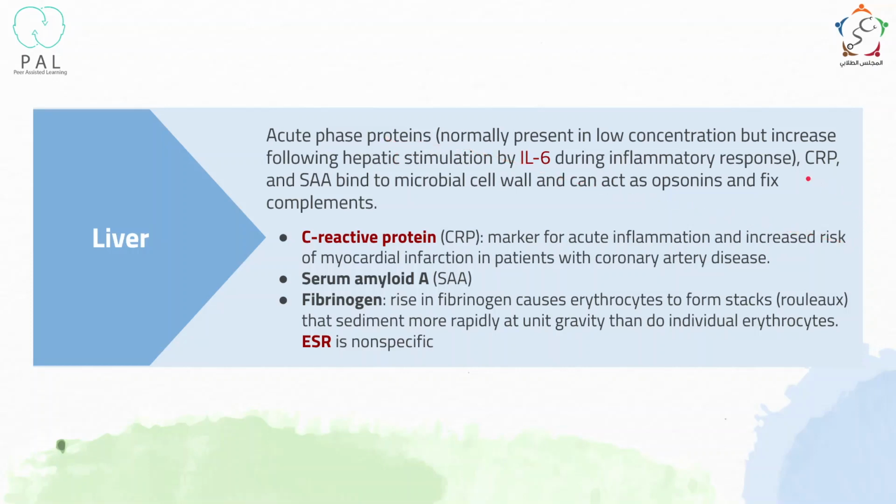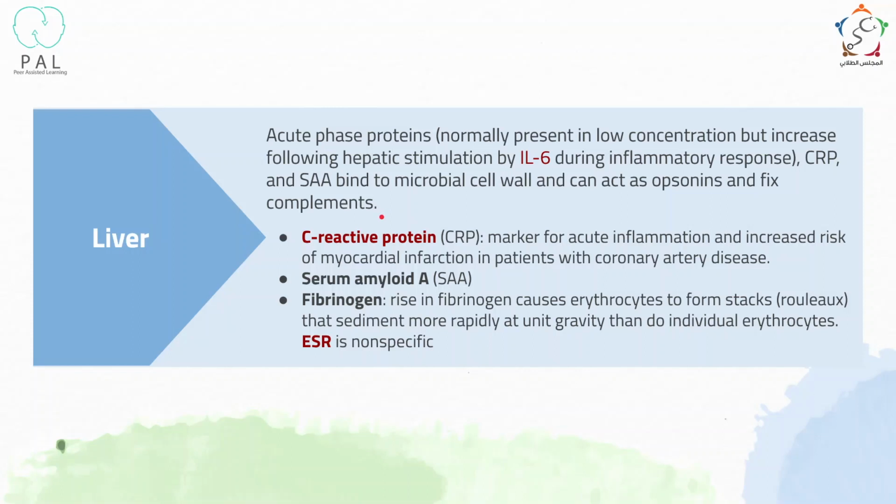Examples of these are CRP and SAA. We're going to discuss them. C-reactive protein and serum amyloid A. These bind to microbial cell wall and can act as opsonins to help facilitate phagocytosis and fix complements, which can destroy the microbe or the pathogen.